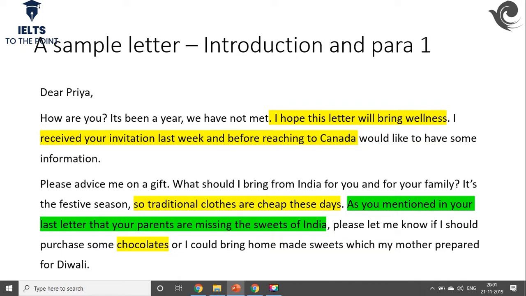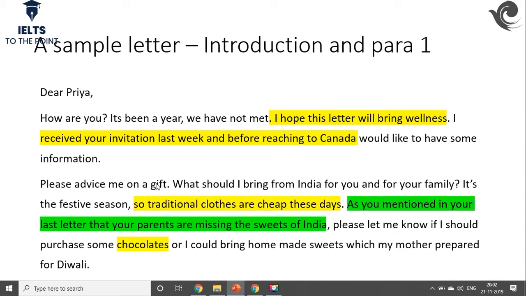I have to think as an examiner, okay, this gift must be for the family of the friend who lives in Canada, somebody called Priya. Otherwise, it's very difficult just after reading this to make any connection between the introduction and body paragraph 1.